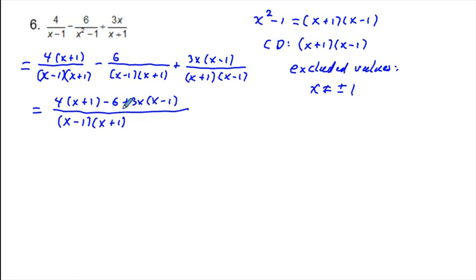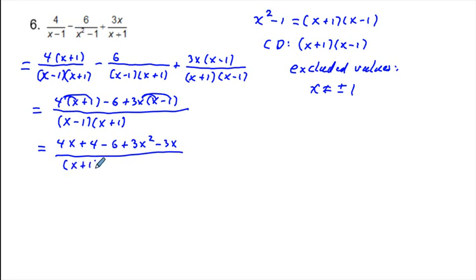And so now we're going to go ahead and distribute and simplify. We have 4x plus 4 minus 6 plus 3x times x, which is 3x squared, and minus 3x. And that's all going to be over quantity x plus 1, quantity x minus 1.